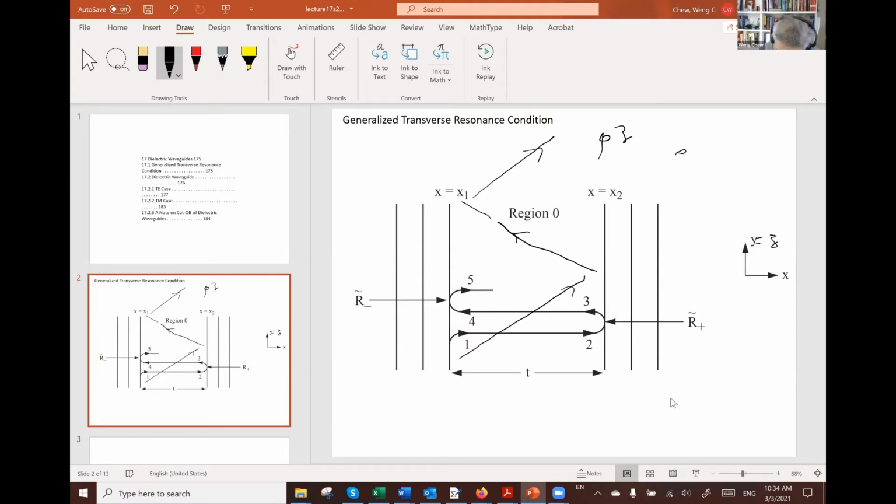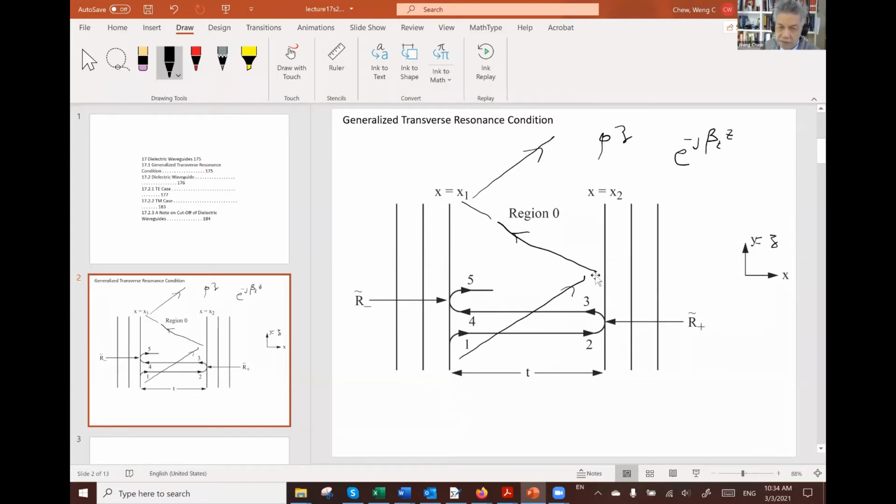Then the wave has to propagate in this manner in the z direction, and it has to propagate in this manner for all regions, region 0, region 1, region 2, because the phase matching condition is required. Otherwise, the boundary condition cannot be satisfied.